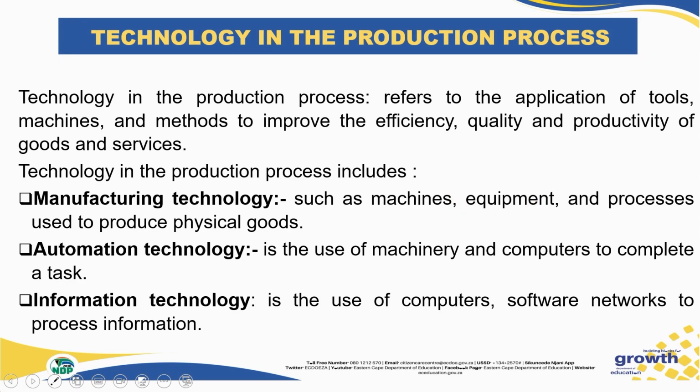Now, technology in the production process includes what? Manufacturing technology, such as machines, equipment, and processes to produce physical goods. That manufacturing technology, you use to produce something. You use that machine to get another thing from that. For instance, you are baking bread.